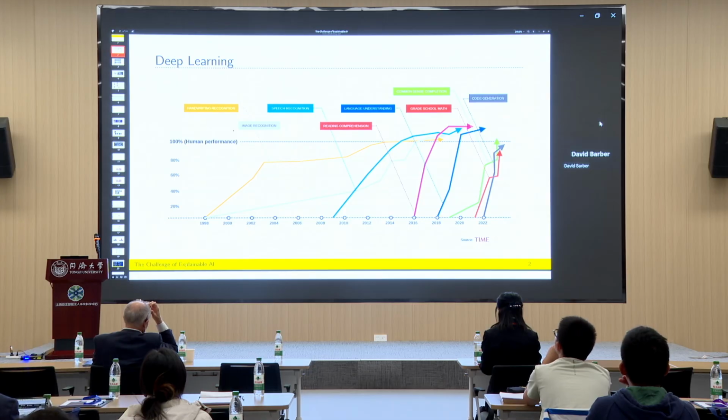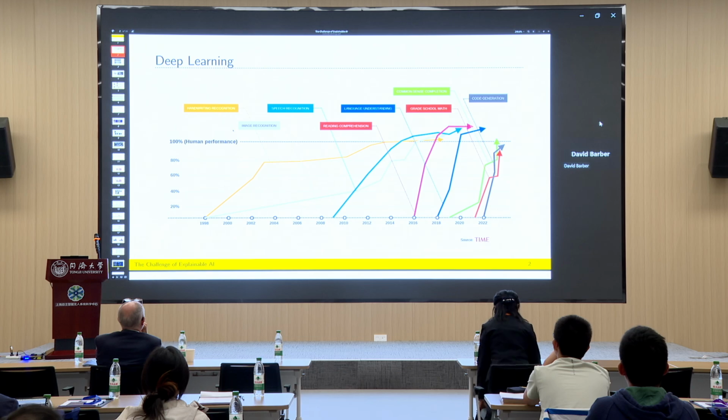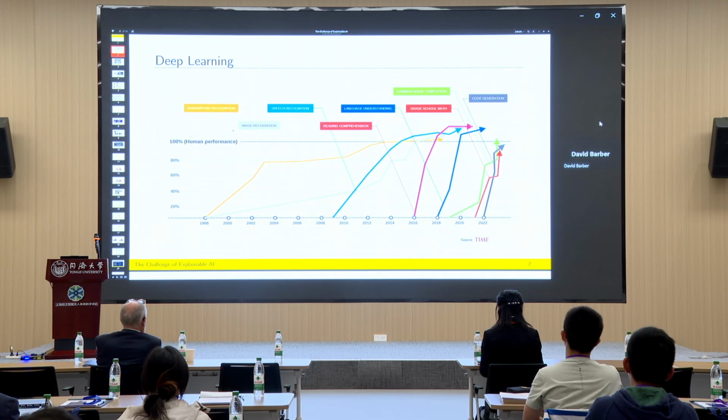And indeed, the speed at which we are able to solve some of these very difficult problems, like handwriting recognition, image recognition, through to more complicated problems like common sense understanding and generating code, has only accelerated through time. And now almost every problem that we define can be solved quite quickly by these AI systems. So this is really an incredible achievement.